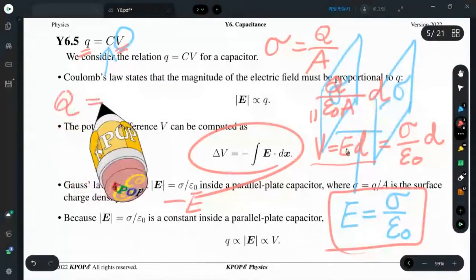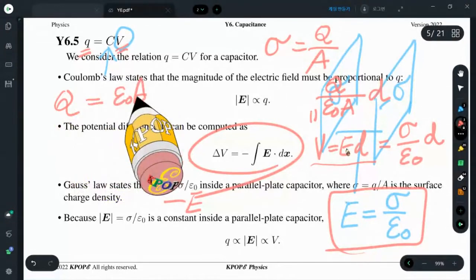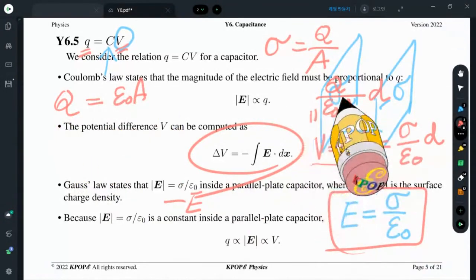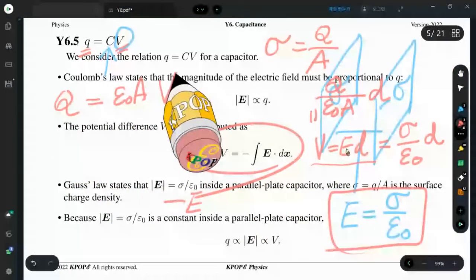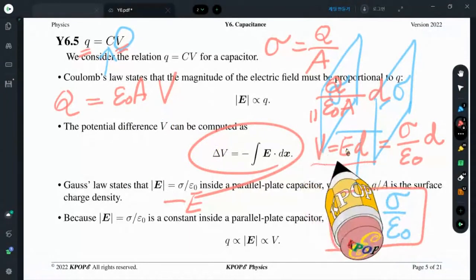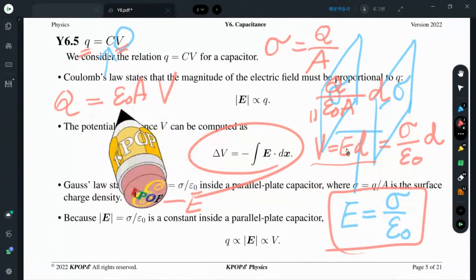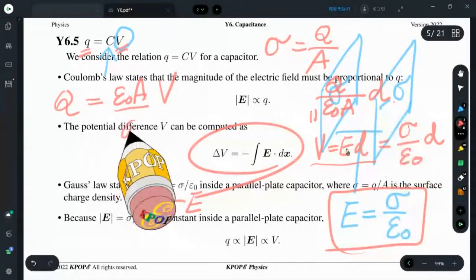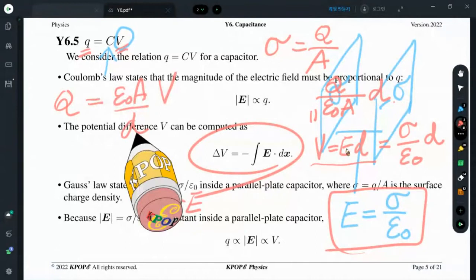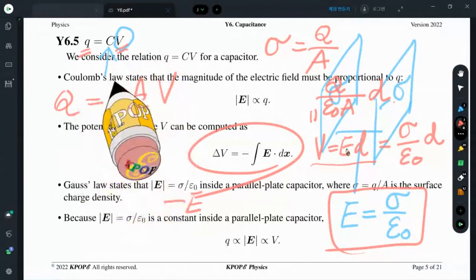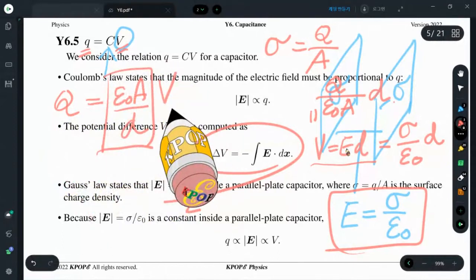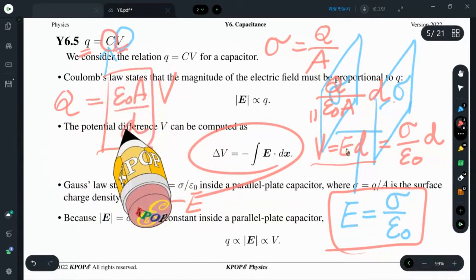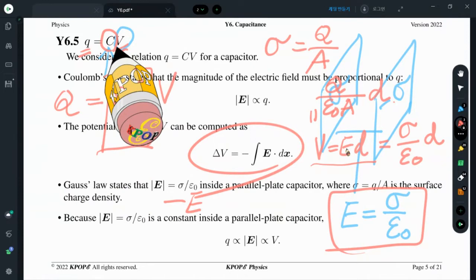Q equals epsilon 0 A over d, times V. Okay, so it looks similar: Q equals something multiplied by V. Aha, this is the capacitance of the parallel plate capacitor. This is how to compute the capacitance of a capacitor.